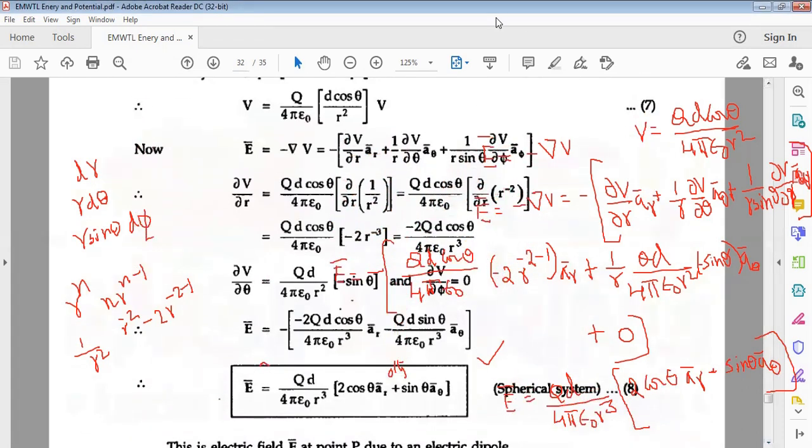Okay, because here there is a minus, and here also the minus del v. So E bar is equal to minus of all, multiplied with minus qd by 4 pi epsilon naught r cube, 2 cos theta a r bar plus sin theta a theta.